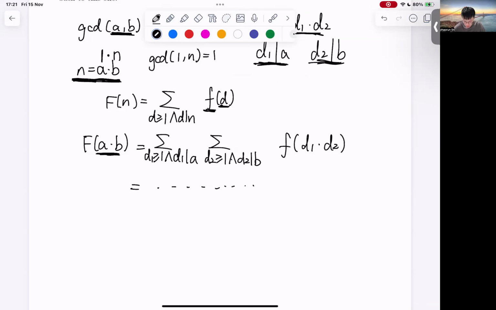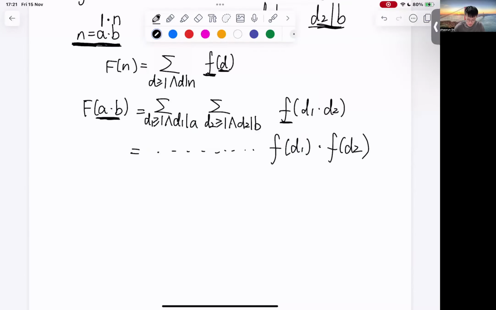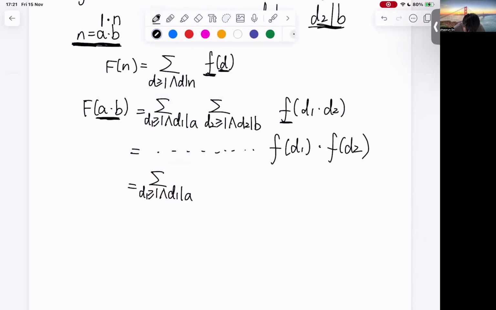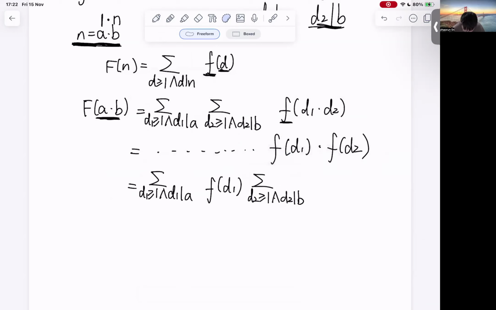And then, since this little f is multiplicative, we can write it as this. So we split it, and we would have f(d1), and similarly for d2, f(d2), right?